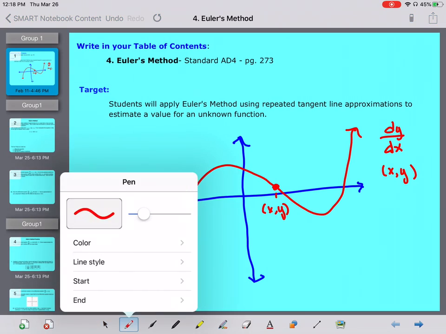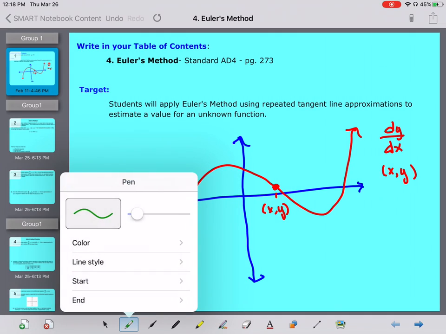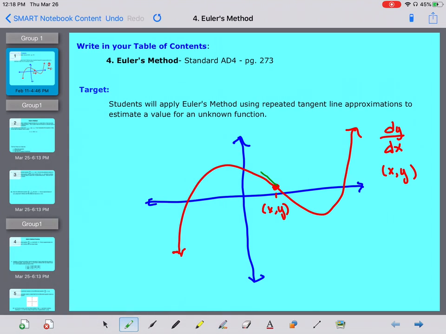So if we actually sketch in our tangent line, we get something that looks like this. I know this is not perfect, but good enough for our demonstration. This tangent line would probably be good to approximate anywhere between here and here.